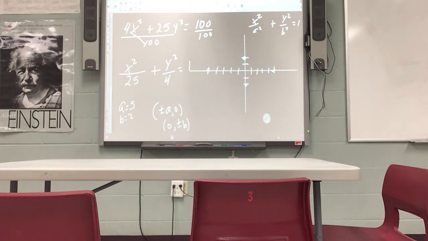Do I have an ellipse drawer up here? Let's see. You can probably squeeze your circle. Oh, it's black. Go ahead and get it.